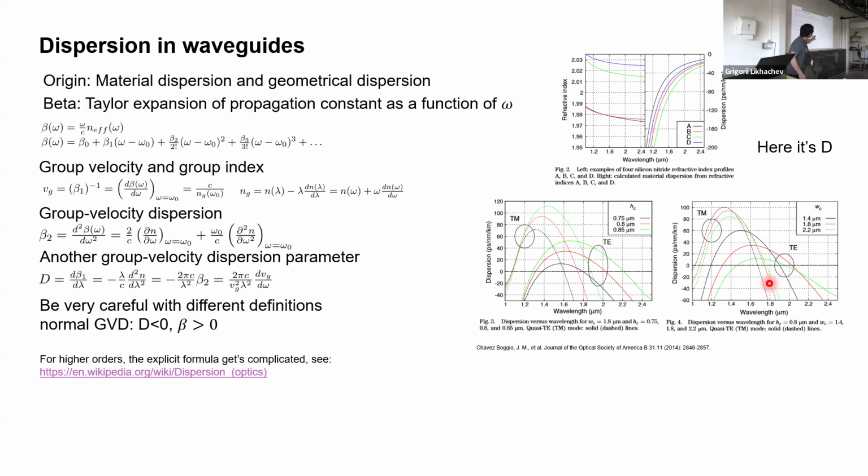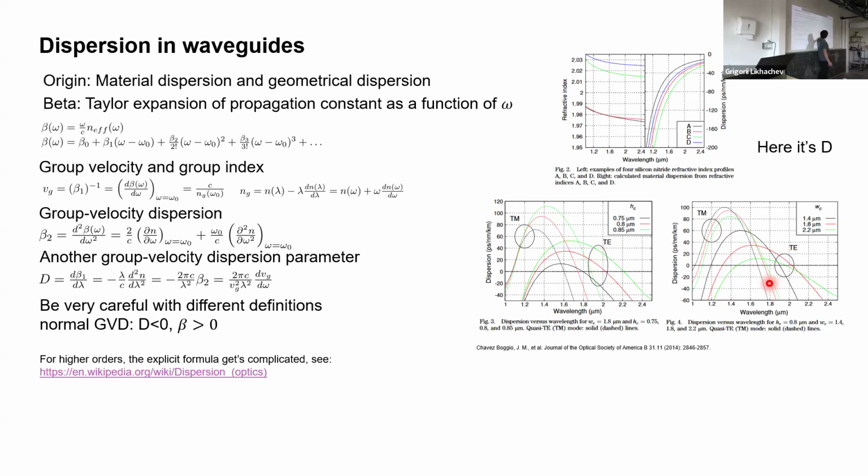Also, in the plots I referred to, that's D. Okay, also a rule of thumb: if you are considering rectangular silicon nitride waveguides, and you have thicker silicon nitride, so the waveguide is closer to rectangular, your dispersion D parameter will get higher and higher.